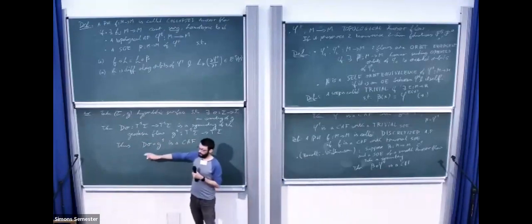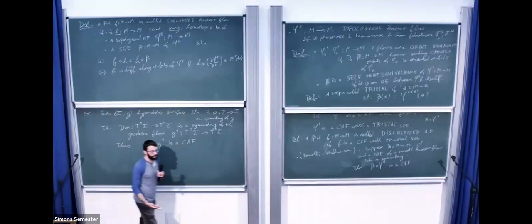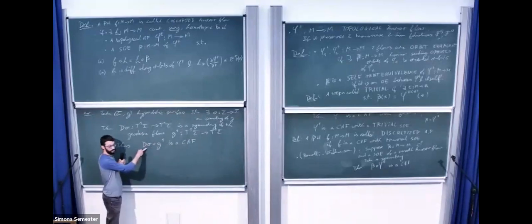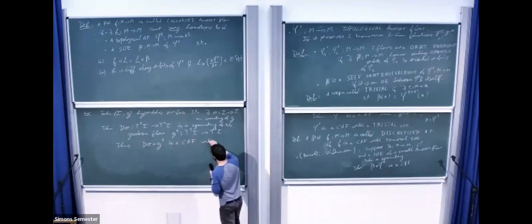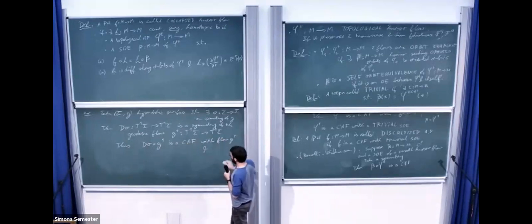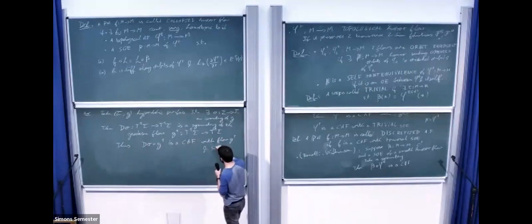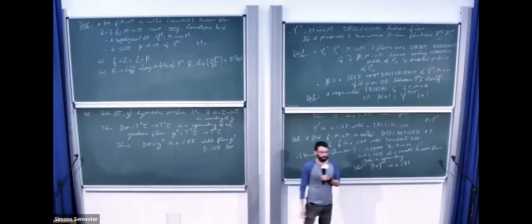And what is the self-orbit equivalence here? Well, it's just D sigma, for this flow g t. Does that make sense?